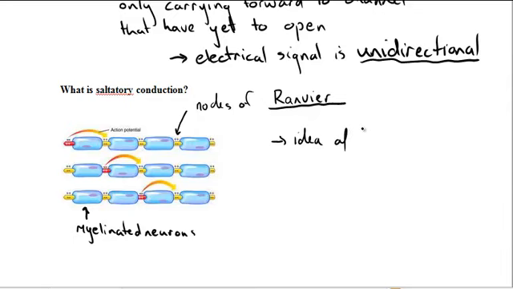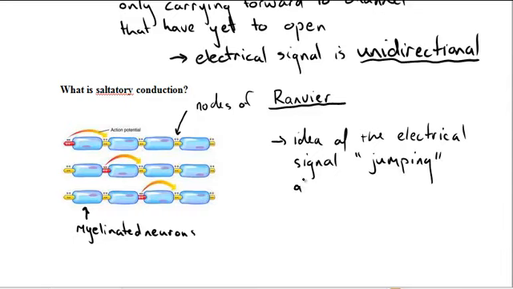Now, interesting thing, saltatory conduction is the idea of the electrical signal essentially jumping along the neuron axon at great speeds.